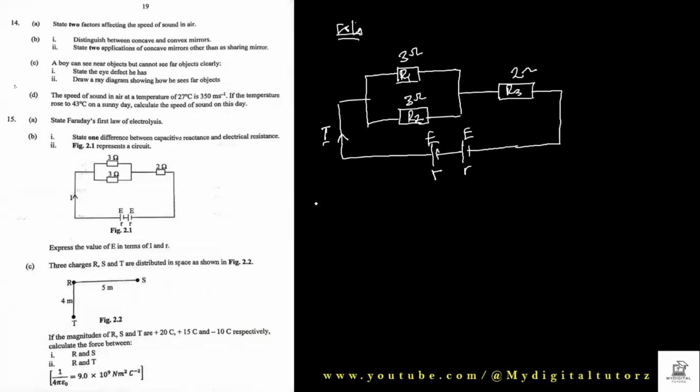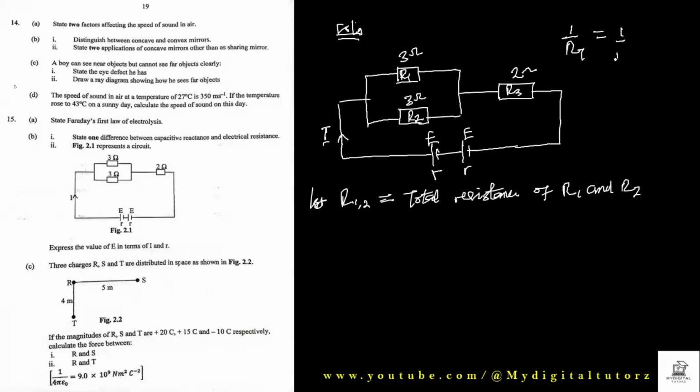Let R1,2 represent the total resistance of R1 and R2. Since they are in parallel, remember we have this formula: 1 over R total is equal to 1 over R1 plus 1 over R2 plus 1 over R3, depending on the number of resistors in the circuit. So that's what we're going to use here.